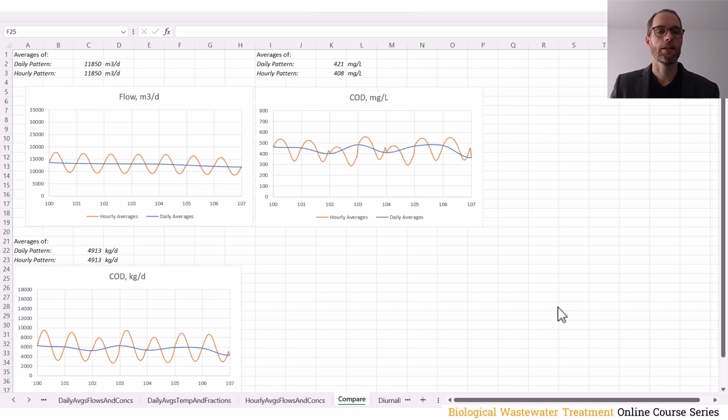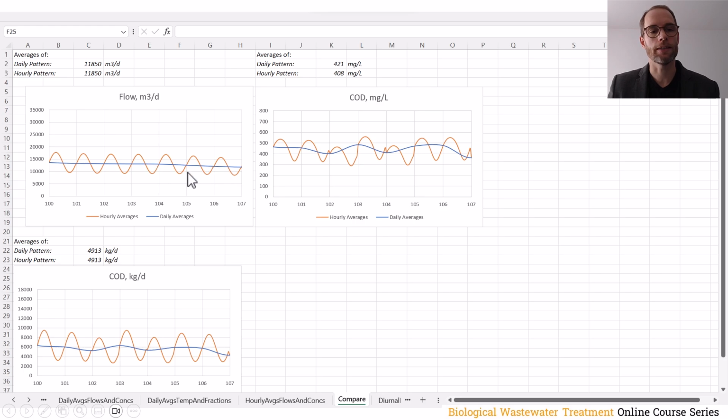You can see here, for example, in the flows, when we plot the daily averages for some 7-day period, from day 100 to day 107, the daily average flows were varying ever so slightly, trending downwards.